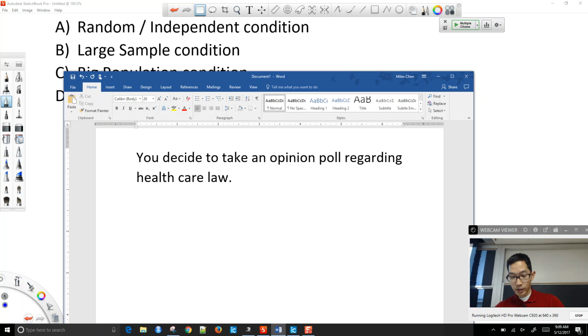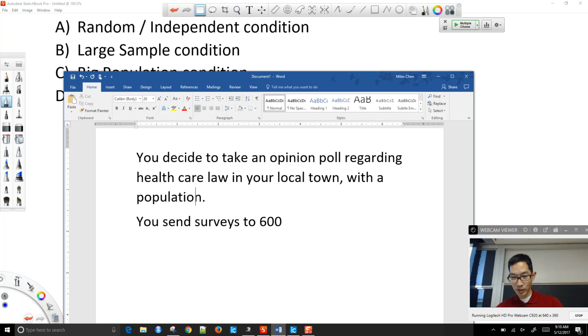So opinion poll regarding healthcare law in, we'll say, your local town with a population of, let's say, 10,500 people.